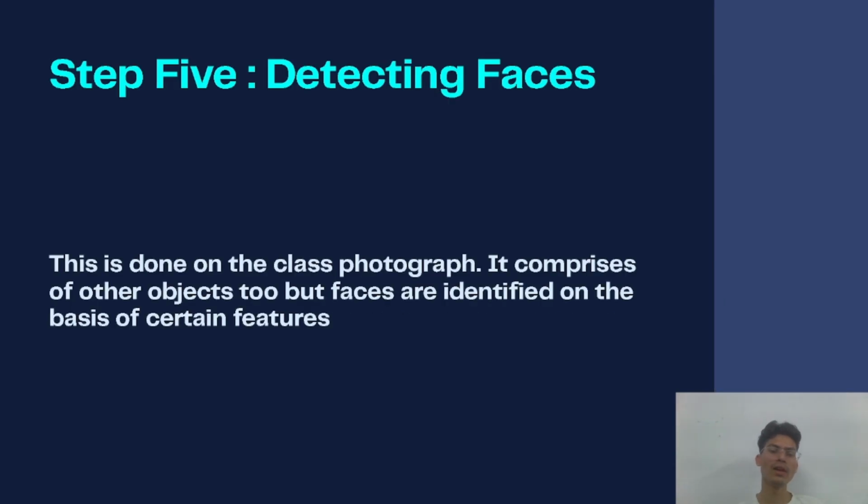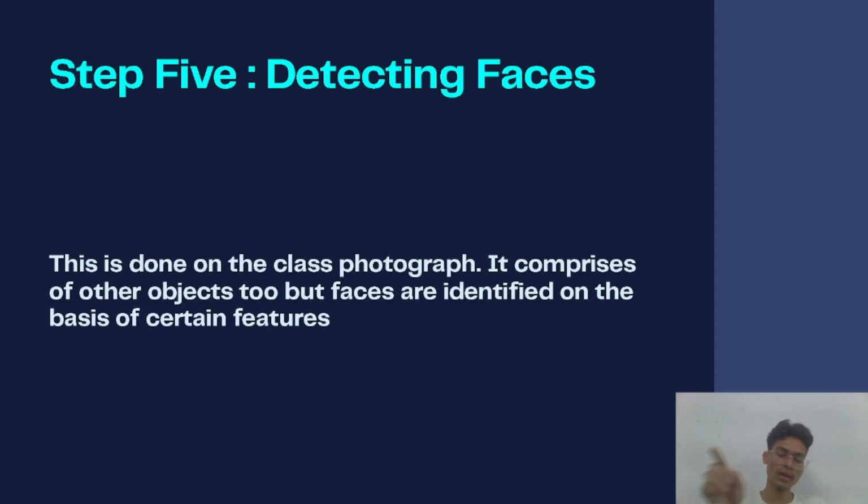Now talking about step 5, this is one of the important steps: detecting faces on the class photograph. This is done on the class photograph which is entered. A class photograph comprises many objects like benches, chairs and all, but it also comprises faces. Faces are our main focus. So this step is before recognition.